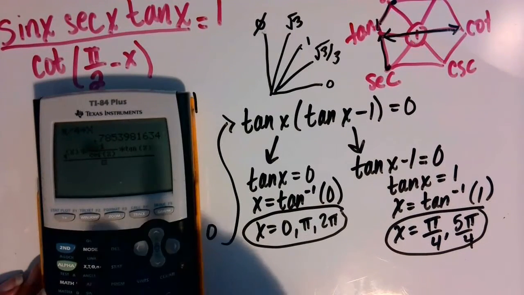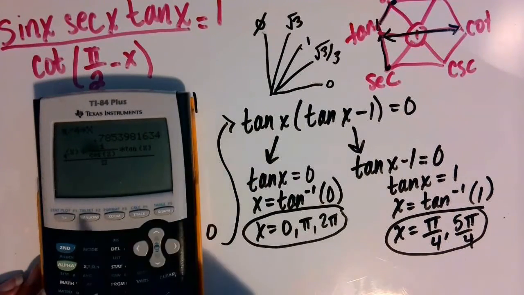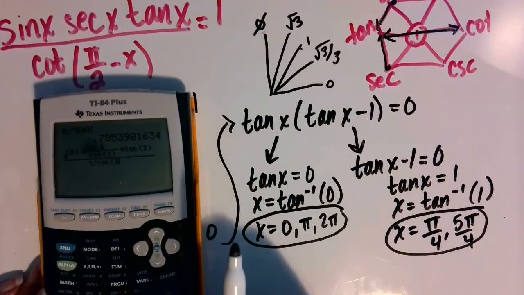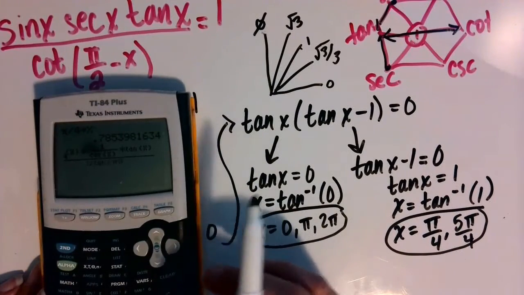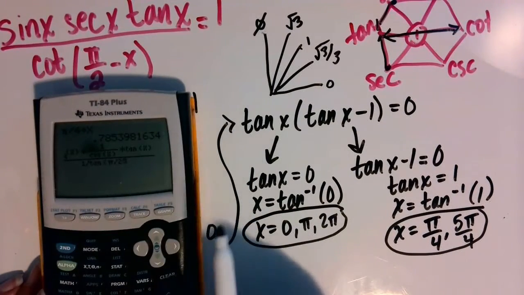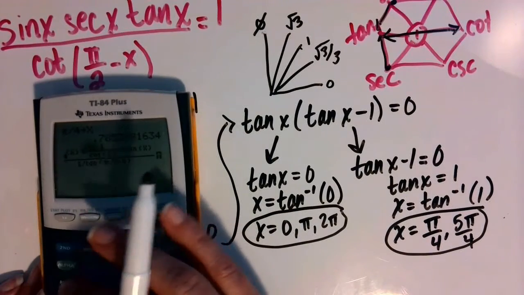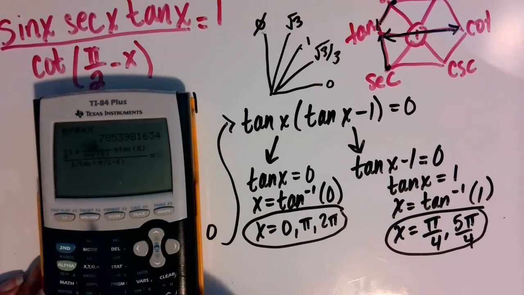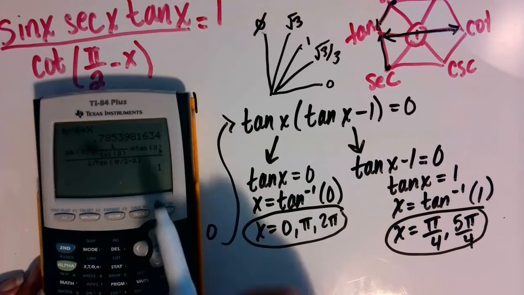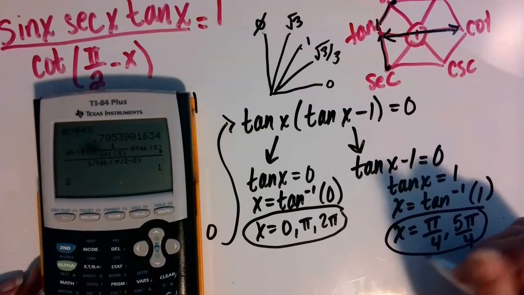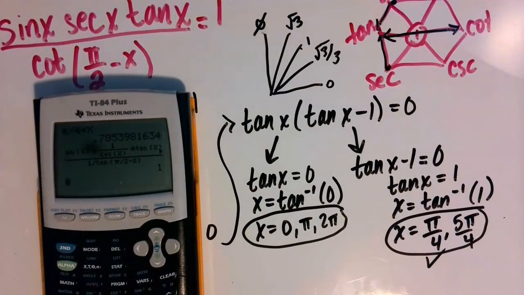Denominator is the cotangent, which is 1 over the tangent of the quantity pi over 2 minus x, and that is equal to 1. So when we press enter, we get a 1 back, so we know that pi over 4 checks.